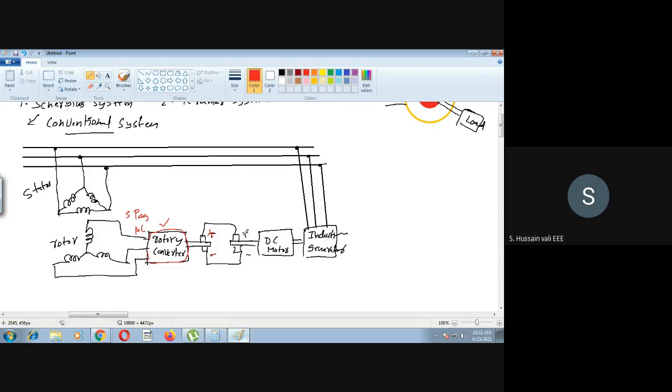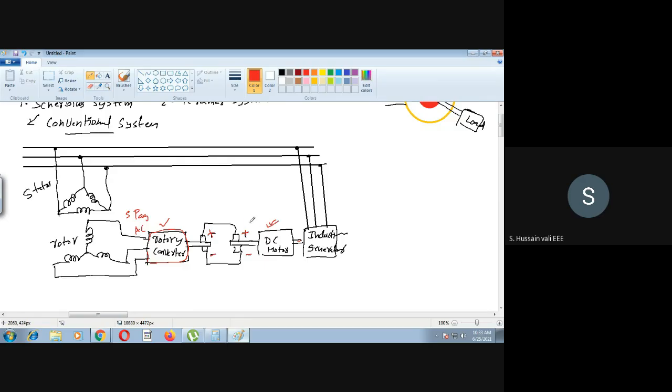Now this power is going to the DC motor, because this is DC now. So the AC power at the rotor side is converted into DC using this system. Then that DC power goes to the DC motor, which converts this electrical energy into mechanical energy. That mechanical energy goes to an induction generator, which takes mechanical energy and converts it to electrical energy.